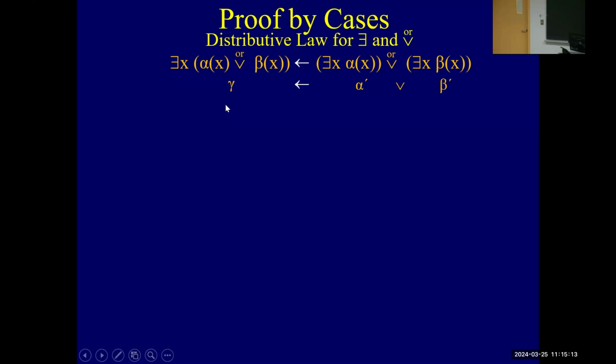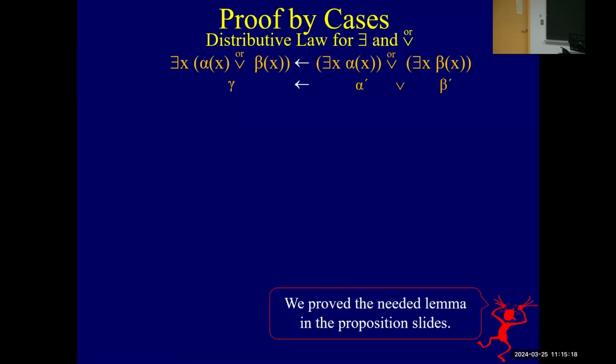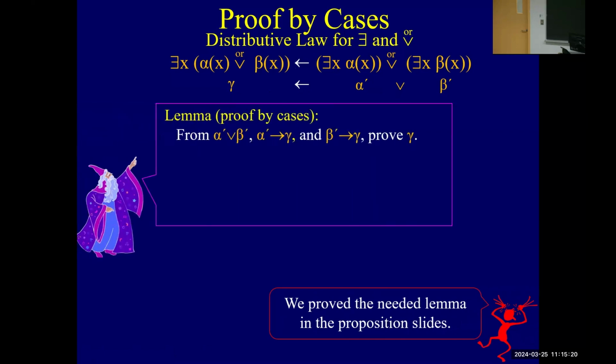So that's kind of where proof by cases comes out. What's proof by cases is we have the or of these two things, and we want to prove that the first one gives us what we want, and we want to prove that the second one gives us what we want, right? Does that make sense?